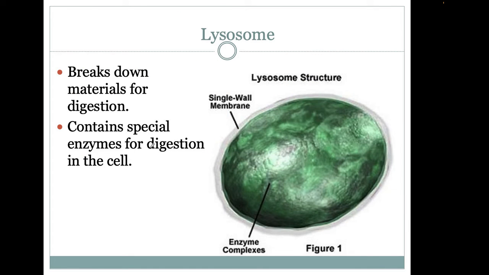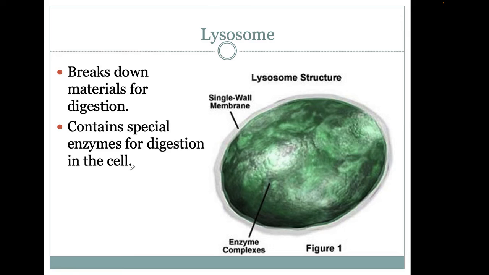Then the lysosome. This is the lysosome. It breaks down material for digestion and contains special enzymes for digestion in the cell. They are spherical single membrane bounded organelles filled with enzymatic matrix which is rich in hydrolytic and phospholytic enzymes.